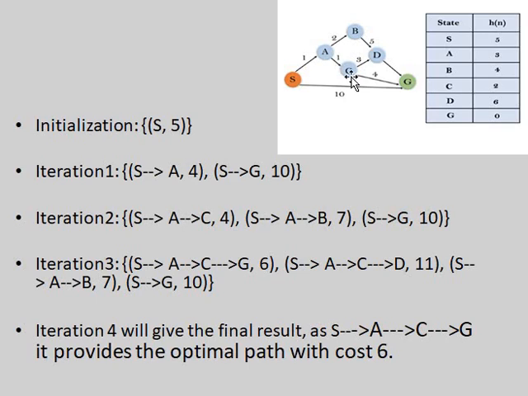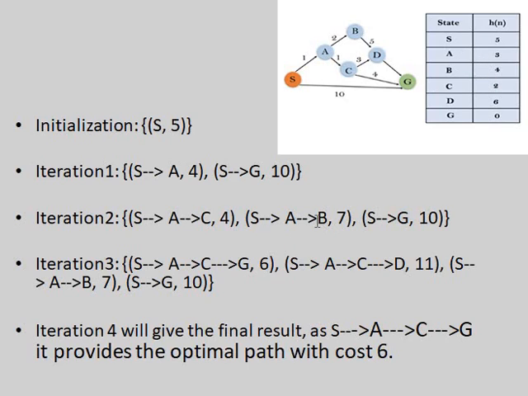The successors of node A are node C and node B. Again here find out the f(n). Now in the second iteration, one path is S to A to C, and the second is S to A to B. For S to A to B, the f(n) value is 1 plus 2, that is 3, plus the heuristic value of B, which is 4.